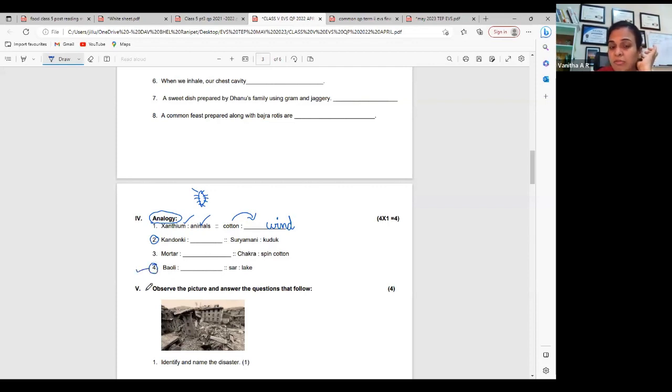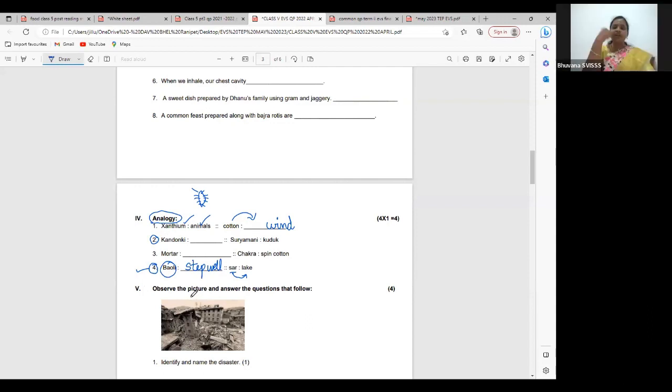And teachers, if you're going to follow the NCERT textbook, I'm not sure of this year again, there'll be so many words which are given in Hindi. Even for bottle gourd, bitter gourd, lauki, like this. Sar in Hindi means a lake. Bowley means step well. So don't omit all that.